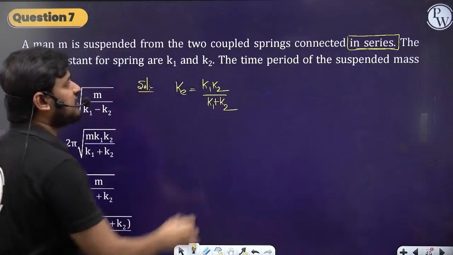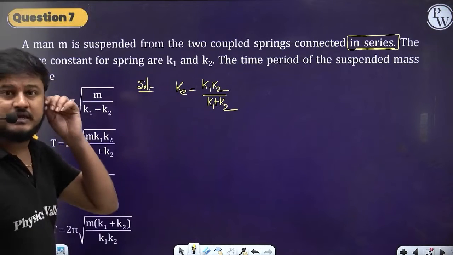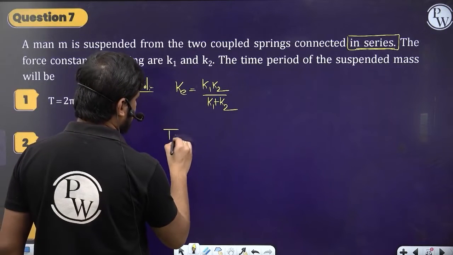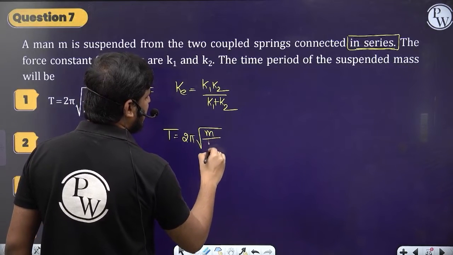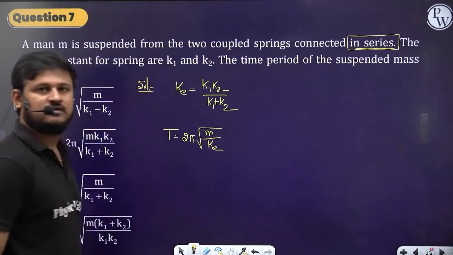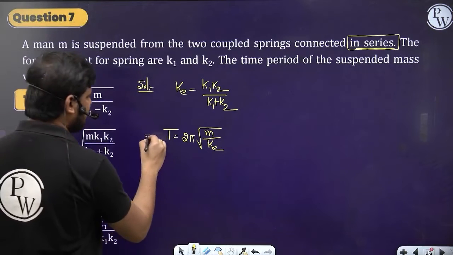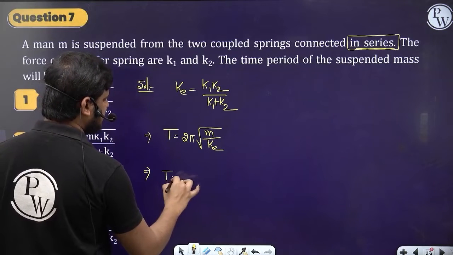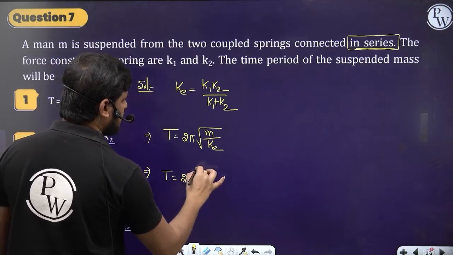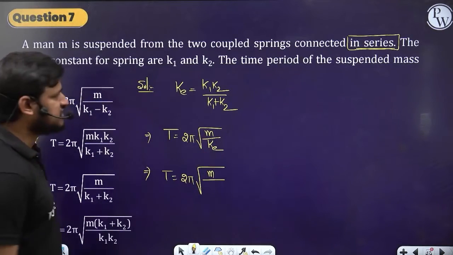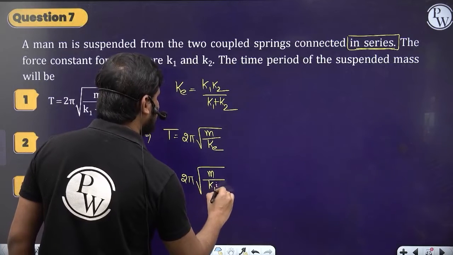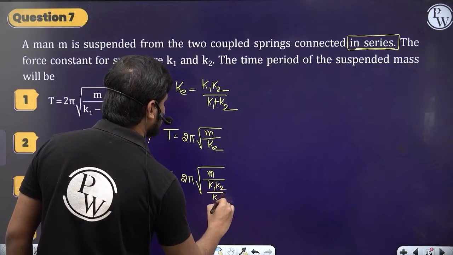Yes. So the time period of the suspended mass will be, the time period formula is what? 2 pi into root over m by K equivalent, you write it here. In place of K equivalent, we should write K1 K2 by K1 plus K2, right?